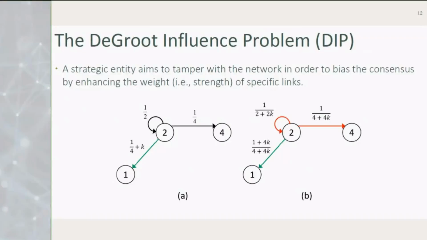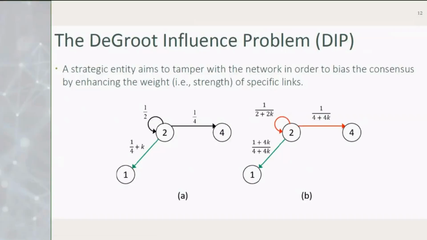In the case here, we have three nodes: node 1, node 2, node 4, and the player chooses to enhance the relationship between node 1 and node 2. That, in terms of mathematics, is implemented by an addition of a factor k. Consider, though, that the update rule in the de Groot model imposes a normalization step in the update function.